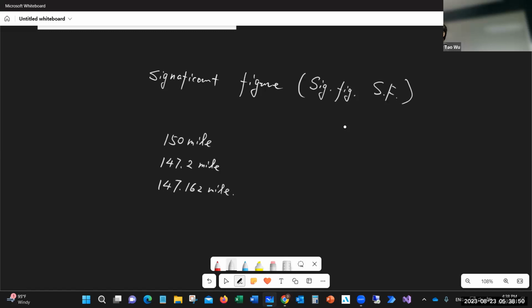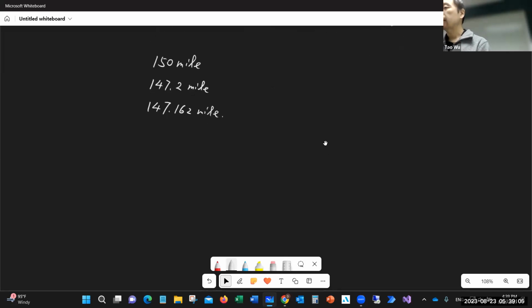Otherwise, the whole calculation has issues, right? So everyone should be on the same page. That's why we make a rule, and this rule is called SIGFIG. So let's review what the rules are.